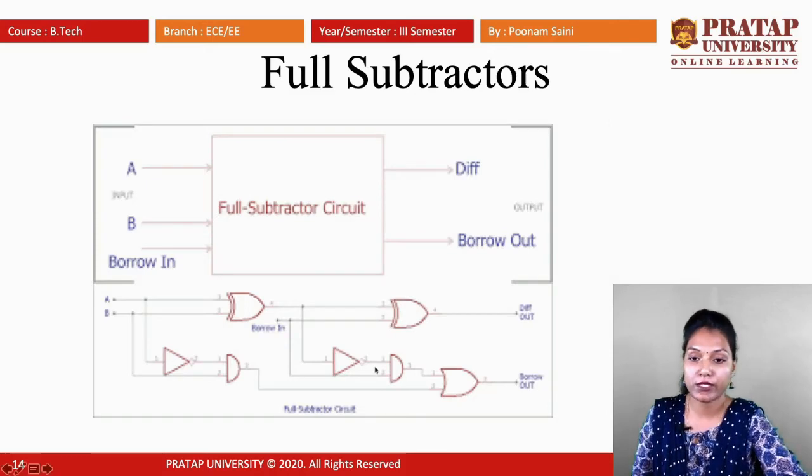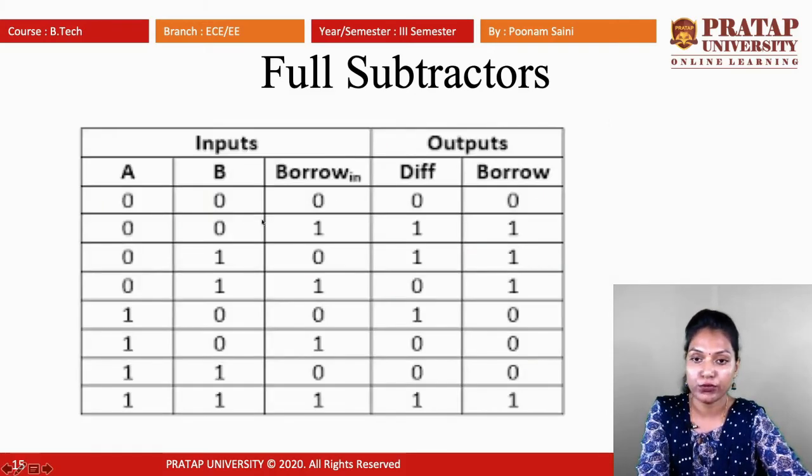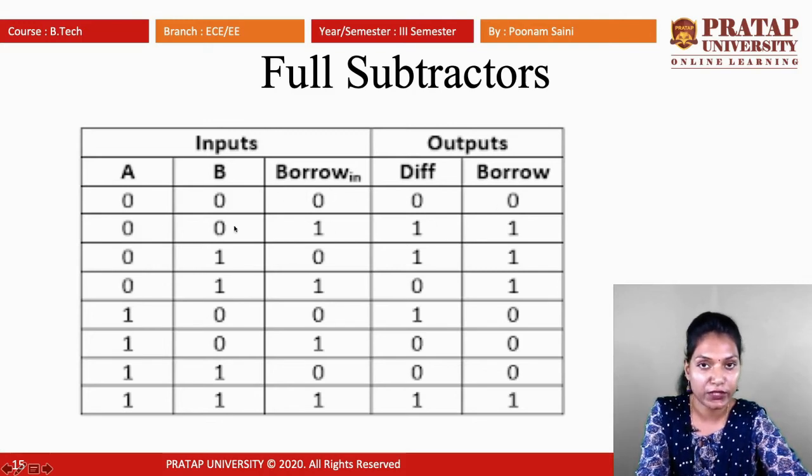So in this full subtractor you can see 0 0 0, so 0 minus 0 minus 0 will become 0. But 0 minus 1, the difference will be 1 and the borrow should also be 1.